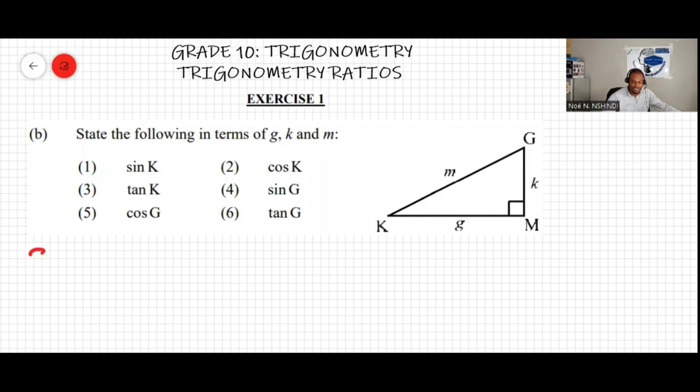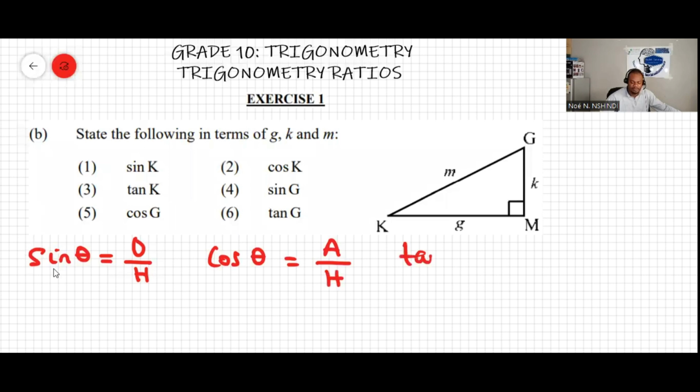Okay, the formulas are like this: sine of the angle theta is given by the opposite side over the hypotenuse. That constant that you get from the opposite side over the hypotenuse is called the sine of the angle. And then cos of the angle theta is always equal to the adjacent side of the triangle over the hypotenuse.